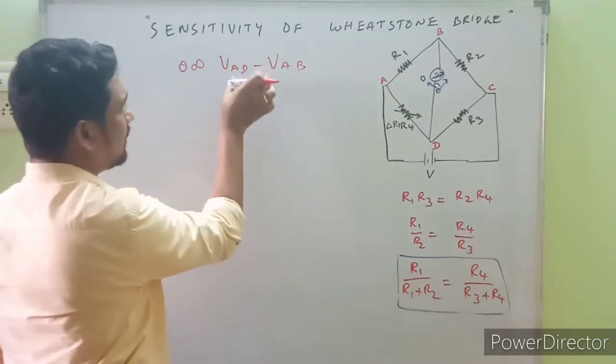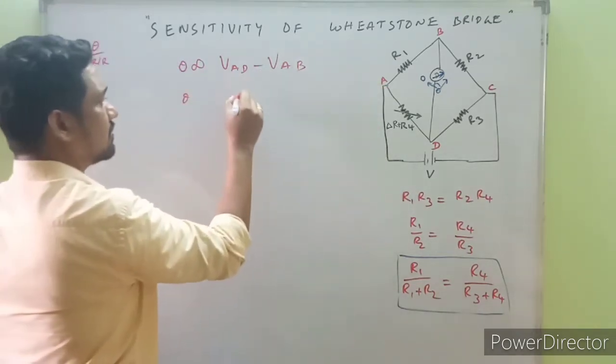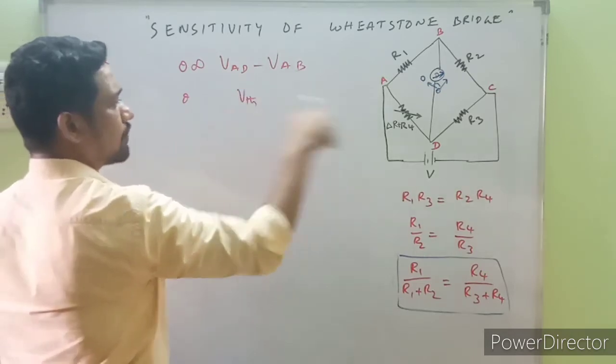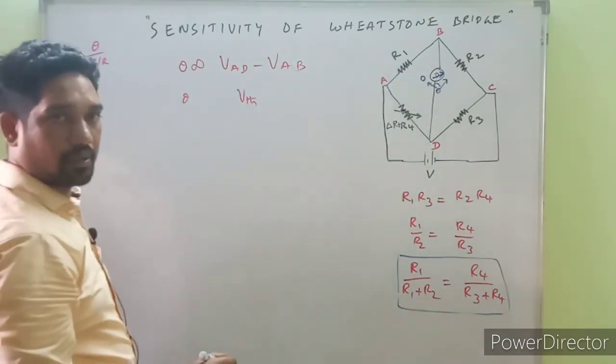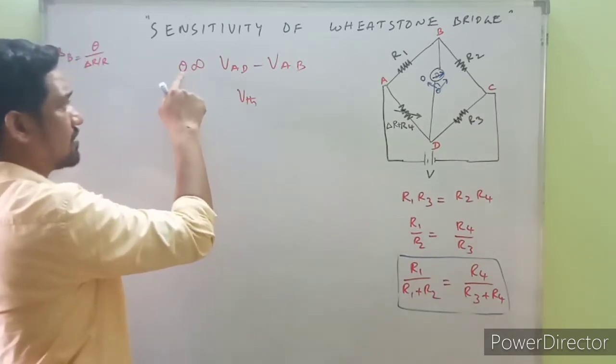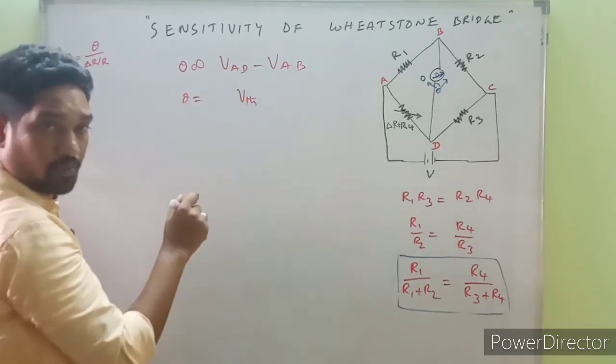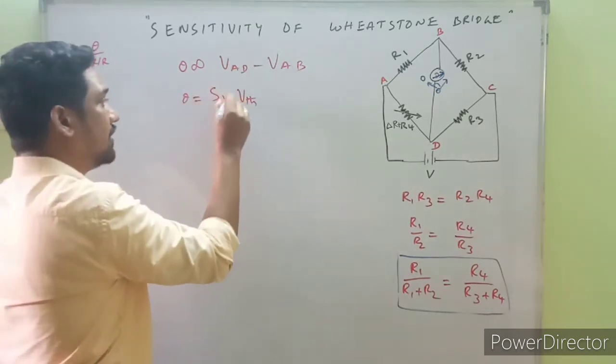Now this VAD minus VAB is nothing but the Thevenin's voltage VTH of the bridge circuit, and we need to have some constant of proportionality. The deflection is directly proportional to VTH, which is equal to some constant of proportionality, SV.